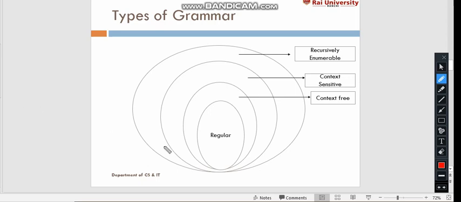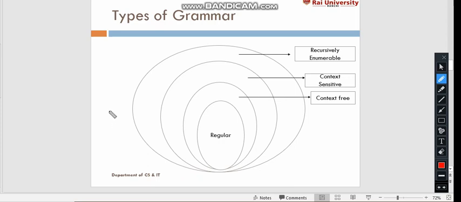Now next we have a context-sensitive grammar. A context-sensitive grammar contains a regular grammar, a context-free grammar, and a context-sensitive grammar. The language generated by the context-sensitive grammar is context-sensitive language.